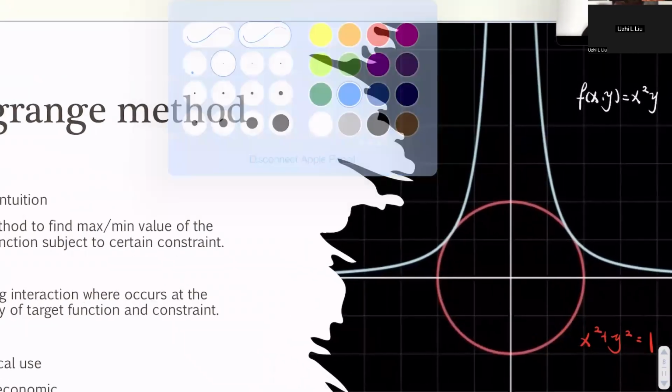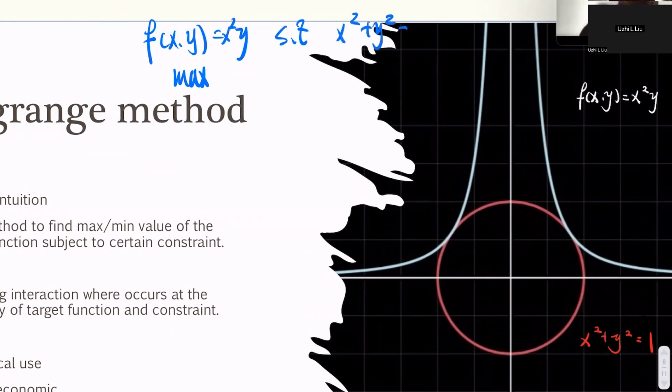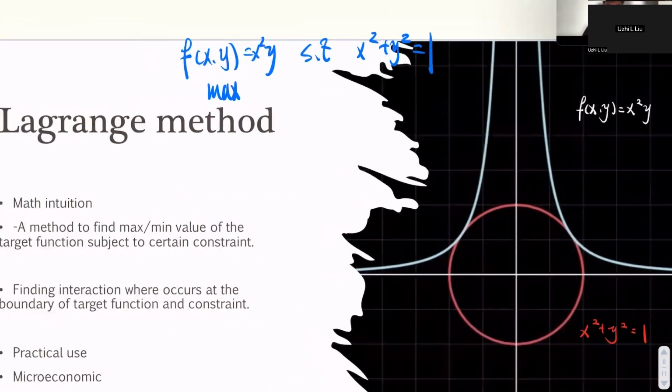It's usually this format, max. And we need to subject it to its constraint. In this case, it is this unit circle, x squared plus y squared equals 1. This is how we actually write our setup, basically.